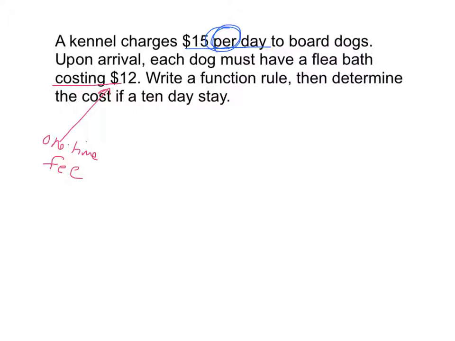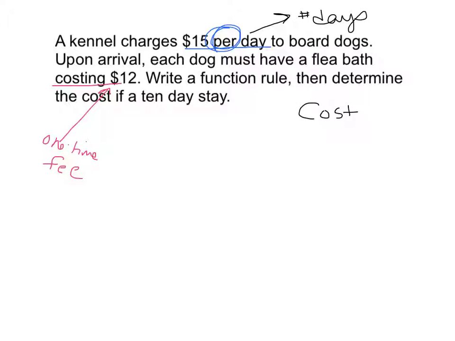So in order to write the function rule, I need to know what the two variables I'm comparing are. The flea bath costs $12. That's already determined. It's not a variable because I already know it costs $12, so it's not a value that can change. The number of days, though, can change. And the other amount that changes is the cost.